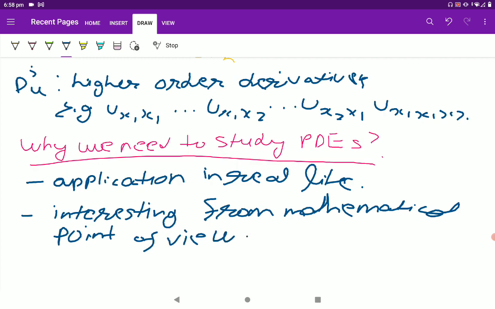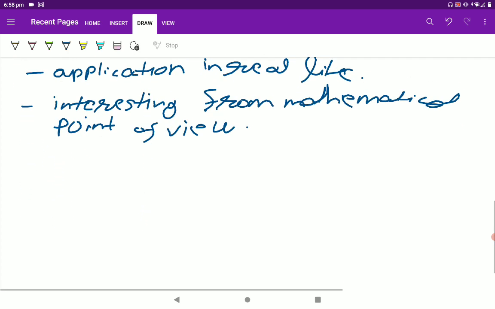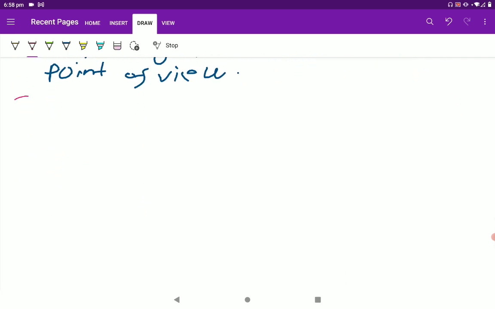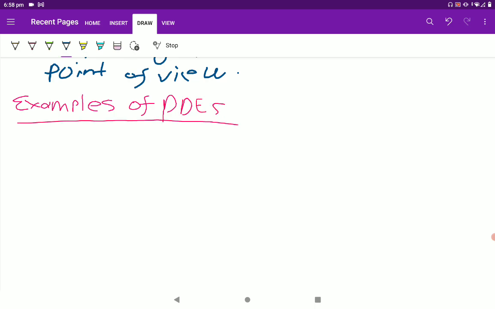Now let's see some examples of partial differential equations. We will write partial differential equations for functions of two variables, which are x1 and x2.